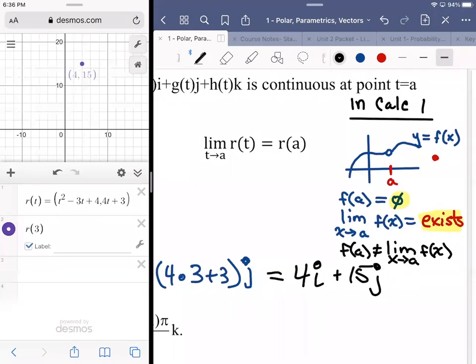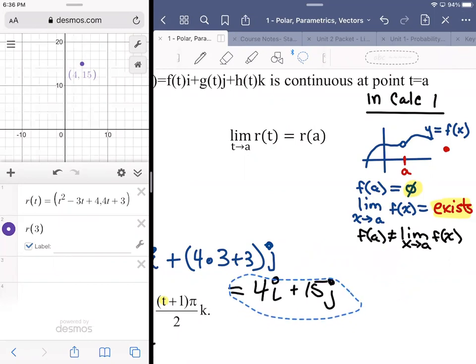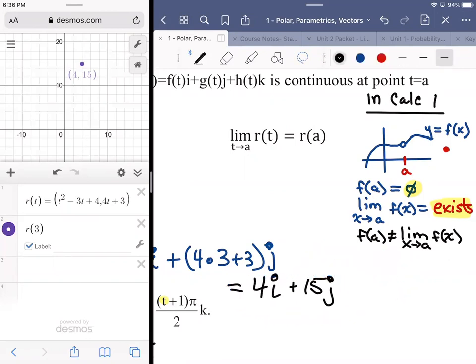So we would say that the limit, well, we already know that the limit exists. We would say that it is not continuous. Let me just kind of shunt this down over here. So therefore, not continuous.